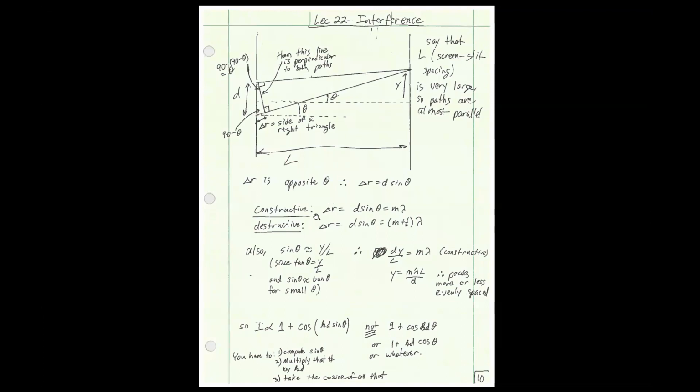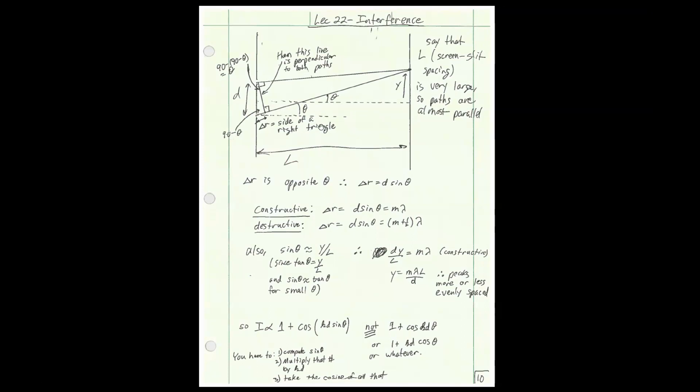This is only true for small angles. You should not assume this in all cases. But if L is very large, then sine theta is roughly tan theta, and tan theta is Y over L.